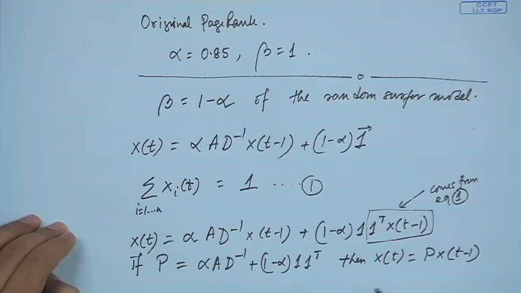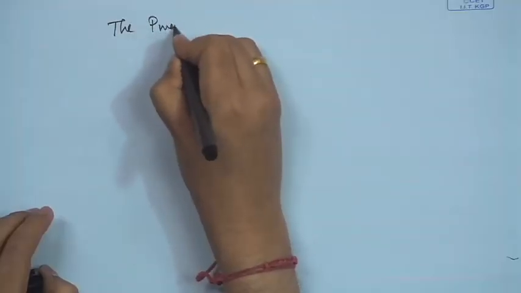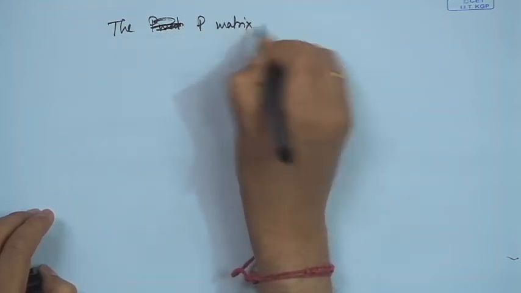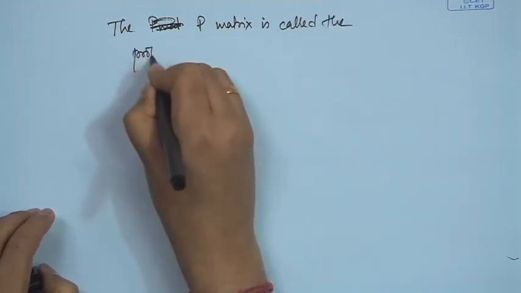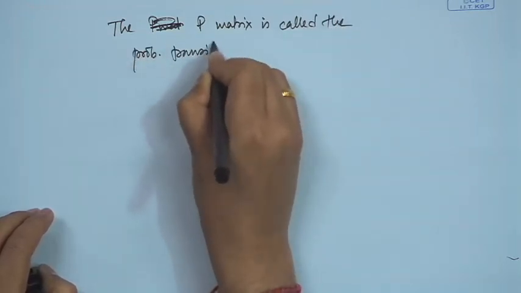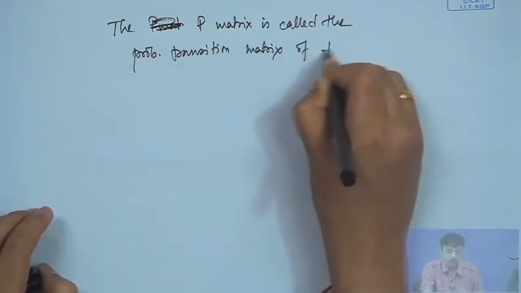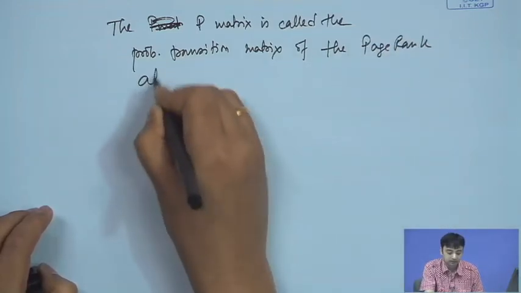And this P matrix is called the probability transition matrix of the page rank algorithm.